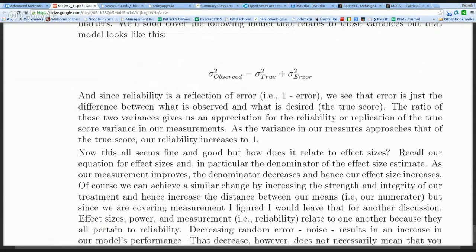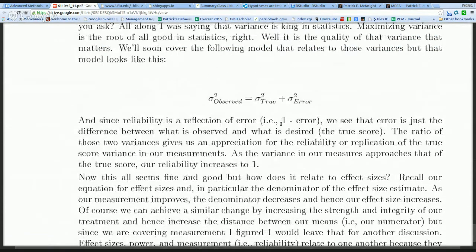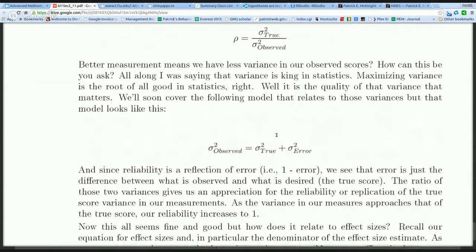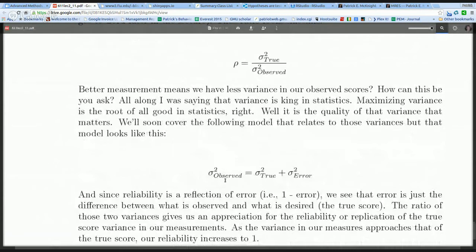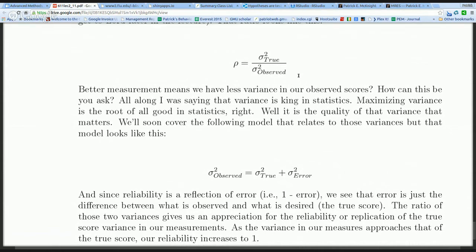Okay? Now, reliability is nothing more than a reflection of how much error we have. So if you have observed score variance as the denominator, it's true score variance over true score variance plus error. So as we have more error in our observations, what happens?